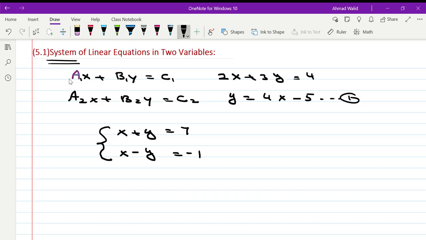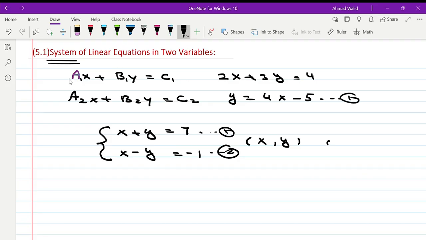Any system that you solve, your answer is an ordered pair of x, y. Remember when we were graphing? At that time, we only dealt with one equation because we would just plug in numbers. But for a system, any system that you solve, your answer will be an ordered pair of x, y.